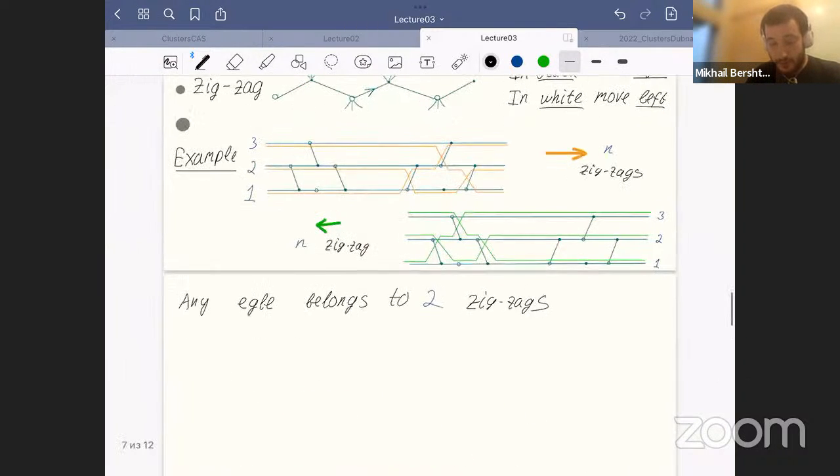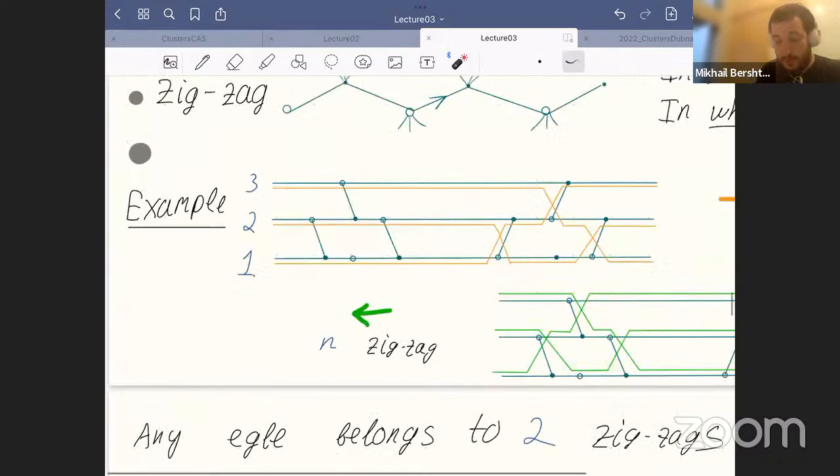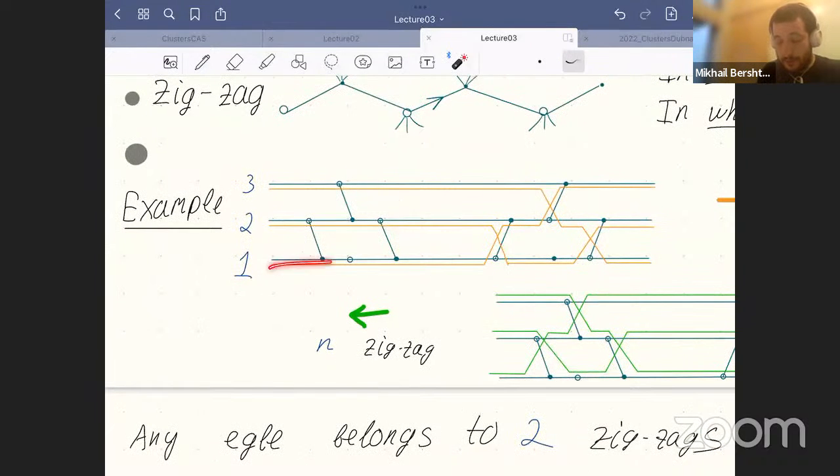You can see this in my example. So, for example, this and this intersect here.